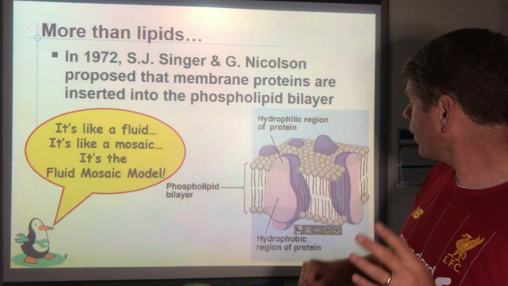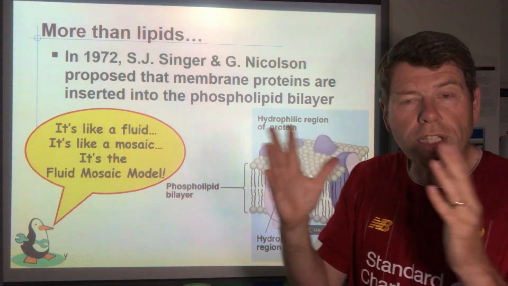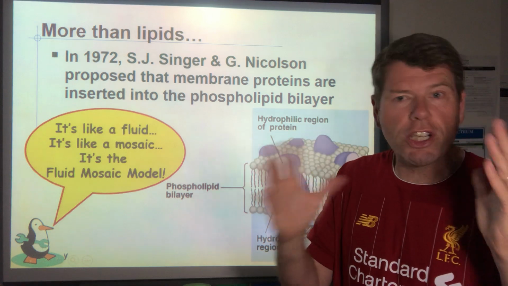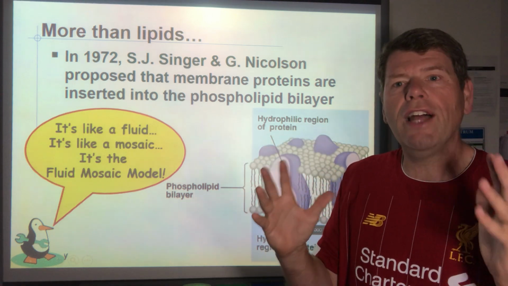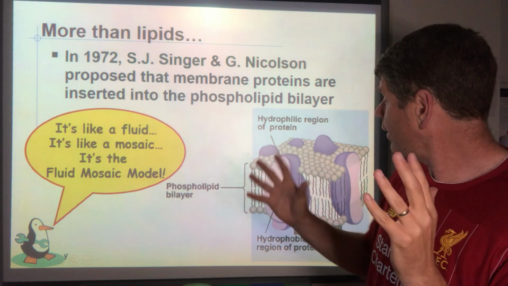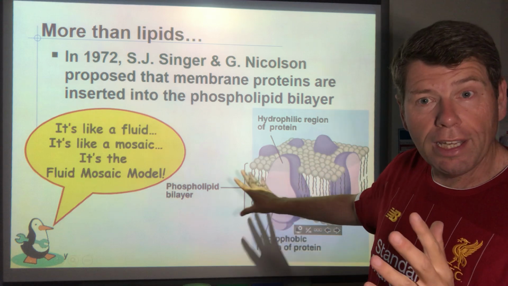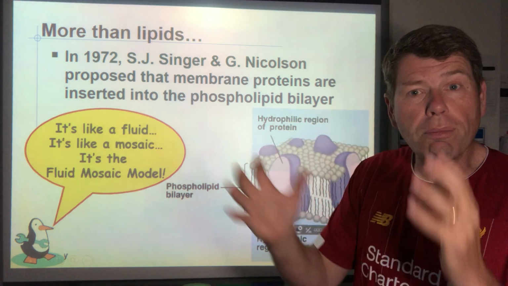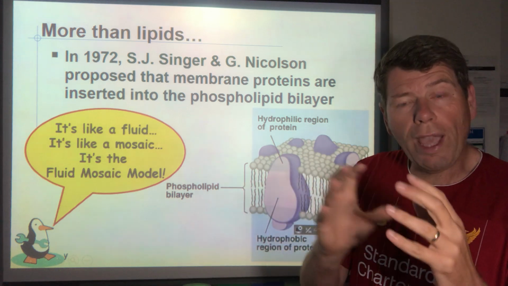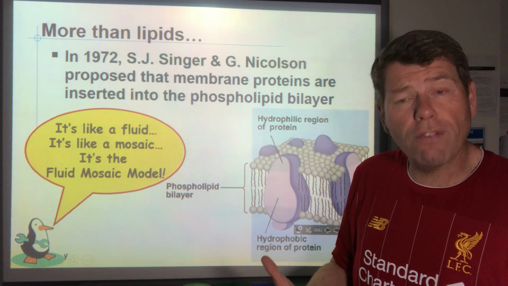You can think of these lipid molecules as being in motion, like kids in a mosh pit at a concert, jostling with the other phospholipid molecules beside them. But there are also these proteins embedded in the phospholipid bilayer, and they're not stationary. They have the ability to flow and move, and they're random. Hence the mosaic part of the model.